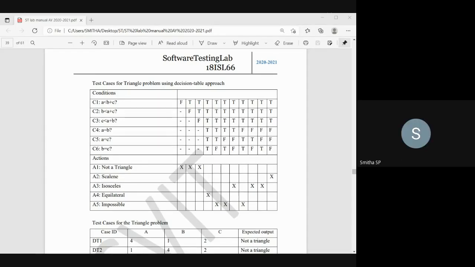Sharanya Desai, present, ma'am. Sharanya GS, present, ma'am. Sharanya TS. Shubha, present, ma'am. Smita, present, ma'am. Sneha. Saundarya.